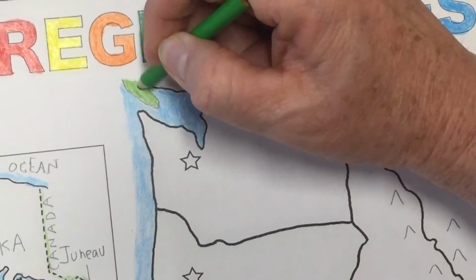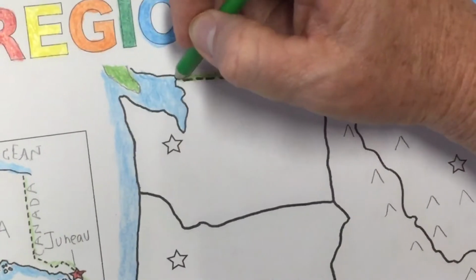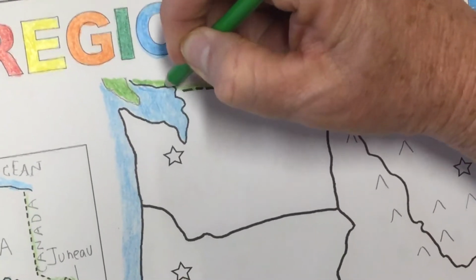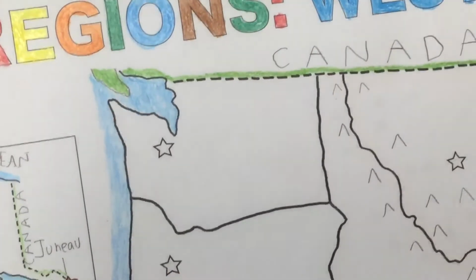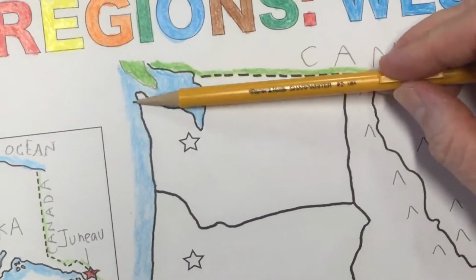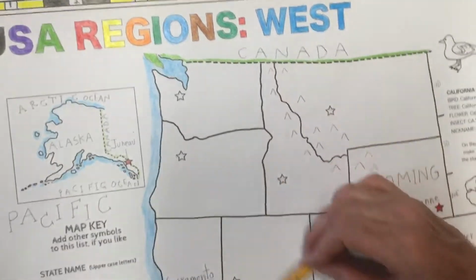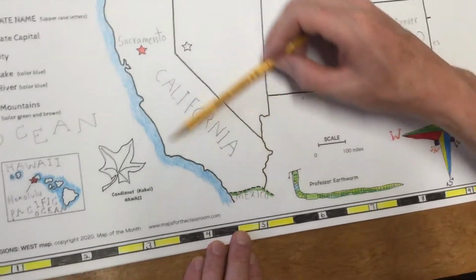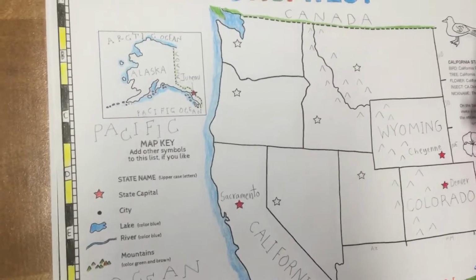So if you want to actually put that part of Canada too. And you can see I've also shaded along the coastline of Washington, Oregon, and California. That's a long coastline along our western coast.